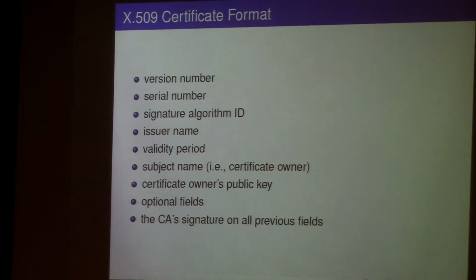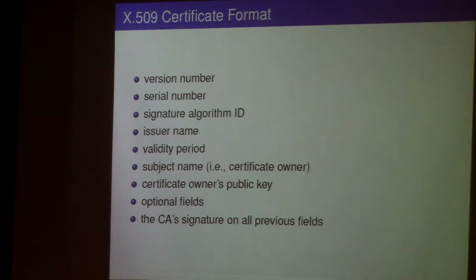The accepted standard is X.509. This is roughly the certificate format. This has several things. The signature algorithm ID, so it could be RSA or ECDSA. I think these are the two standard algorithms that are used. And several other things. The most important thing is the certificate owner's public key and the CA's signature on all of this.